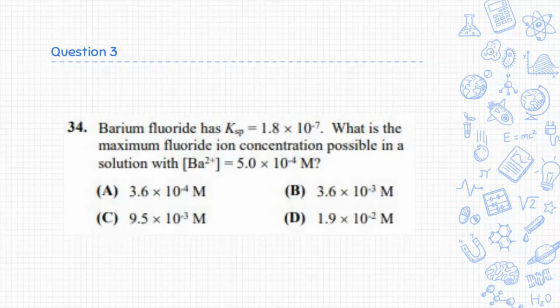They give you a Ksp value of 1.8 times 10 to the negative 7th. It says, what is the maximum fluoride ion concentration possible in a solution? And it gives you the barium concentration.